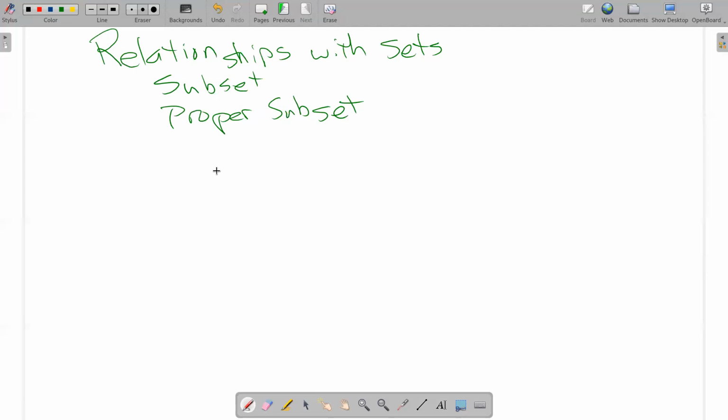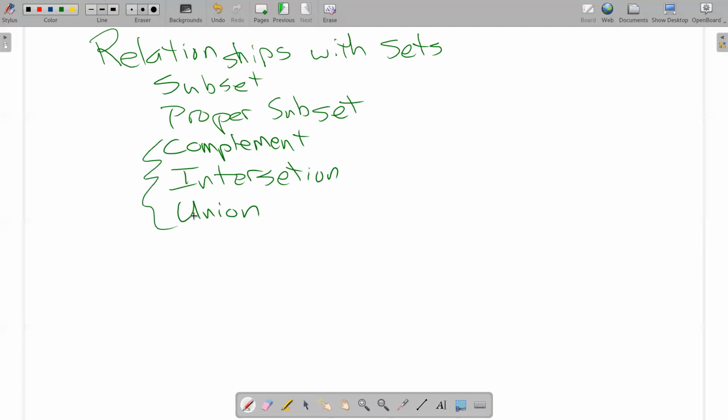Are the idea of a complement, the idea of an intersection, and the idea of a union. So we're going to explore these other three next.